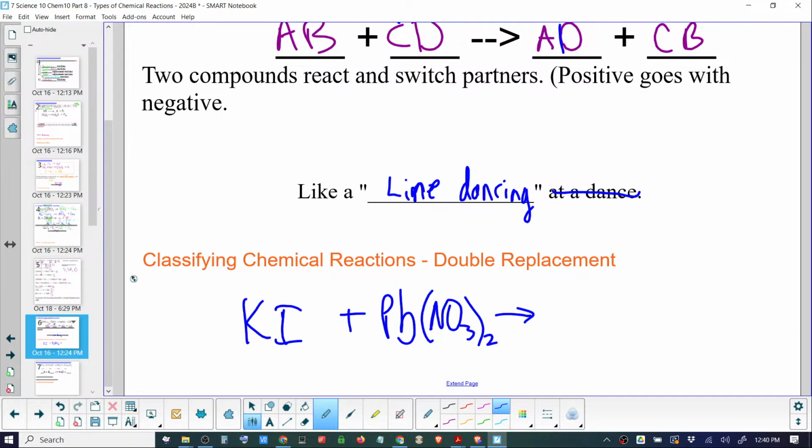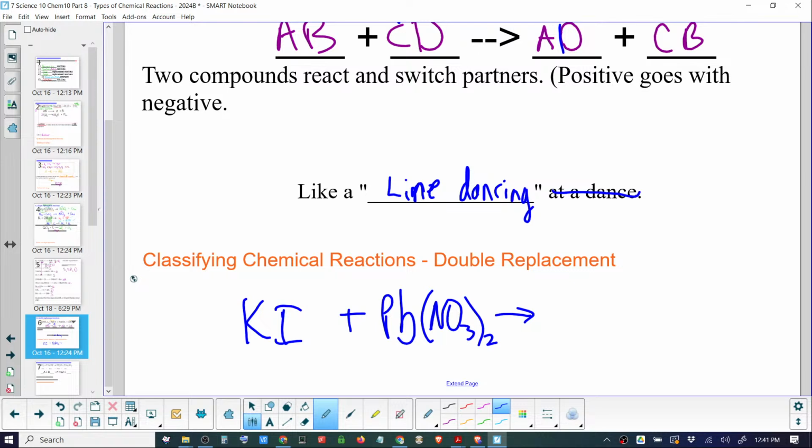Okay, this is the potassium iodide. It is, as you can tell, a clear liquid. And some lead nitrate.